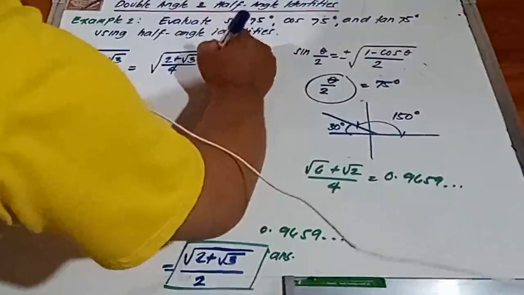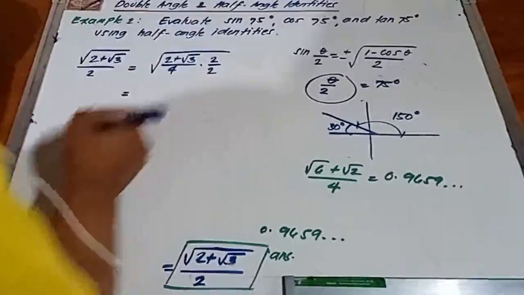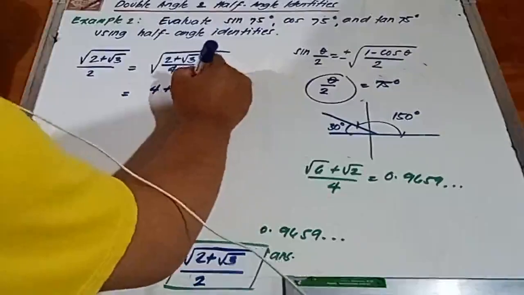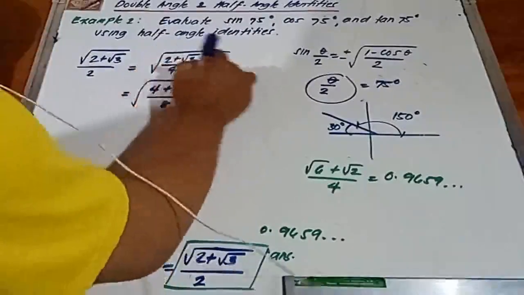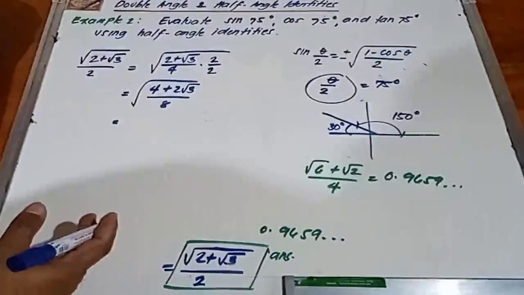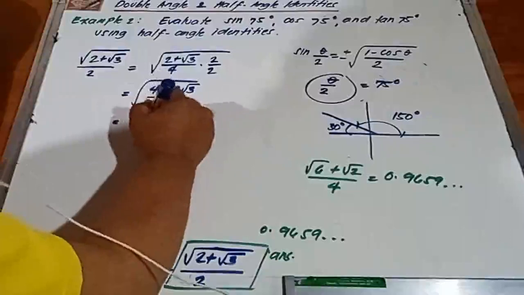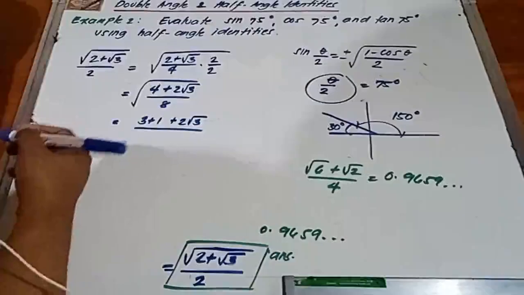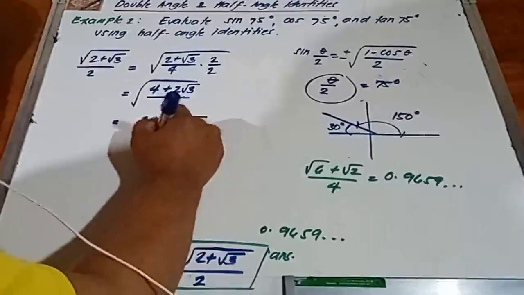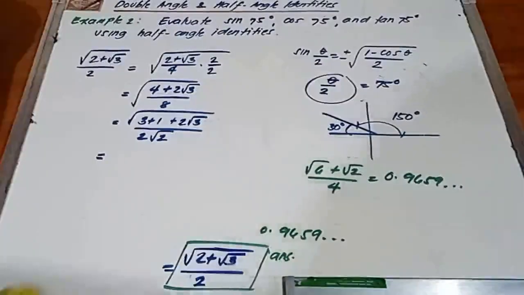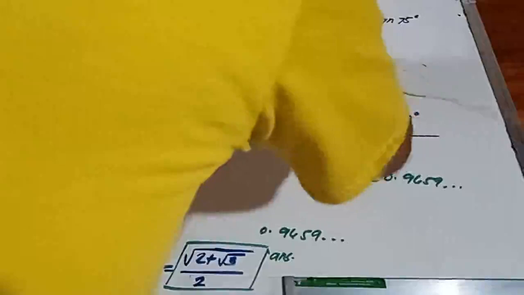Okay? Sa loob. So, the result is 2 times 2 is 4. 2 times square root of 3 is 2 square root of 3 over 8. Okay. And then, yung 4 is the sum of 3 and 1. Okay? So, 4 is 3 plus 1 plus 2 square root of 3 over square root of 8 is 2 square root of 2. Okay. Now, ang intention ko dito ay matanggal yung isang radical, yung outside radical.